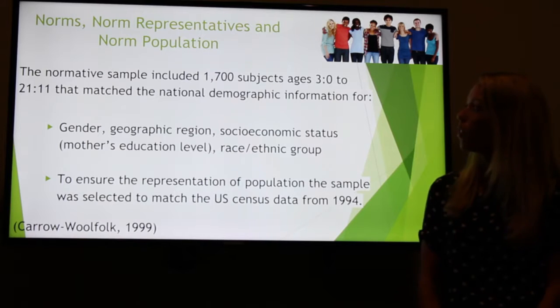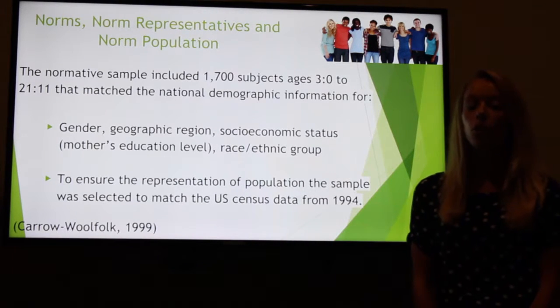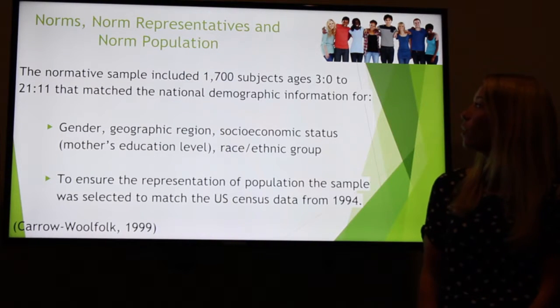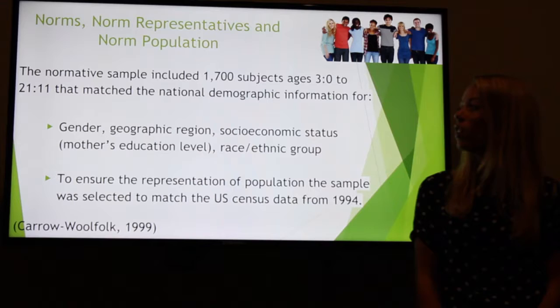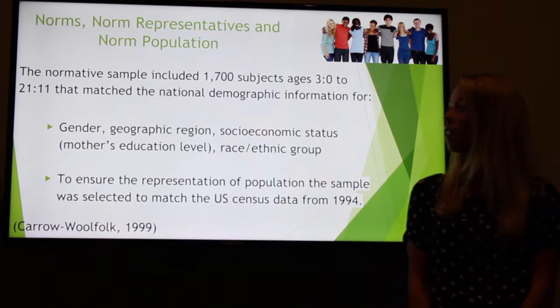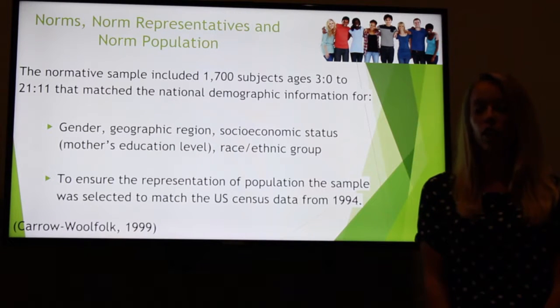The normative sample included 1,700 subjects ages 3 to 21 years and 11 months, and that matched the national demographic information for gender, geographic region, socioeconomic status, which is mother's education level, and race or ethnic group.